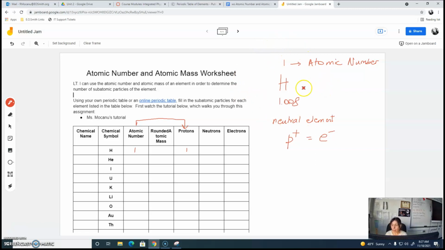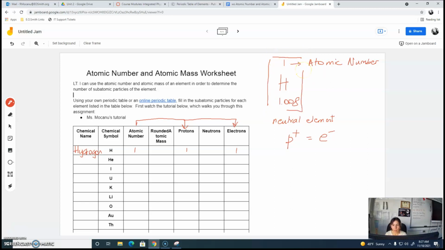So unless I am told some other information, unless I am told that this element is not neutral, I will assume that it is neutral, which means that whatever number of protons I have, that is also the number of electrons it has. So for my hydrogen, which I'm going to write the name of right here, so this is hydrogen, the atomic number 1 told me that I must have 1 proton, which tells me that I also have 1 electron.